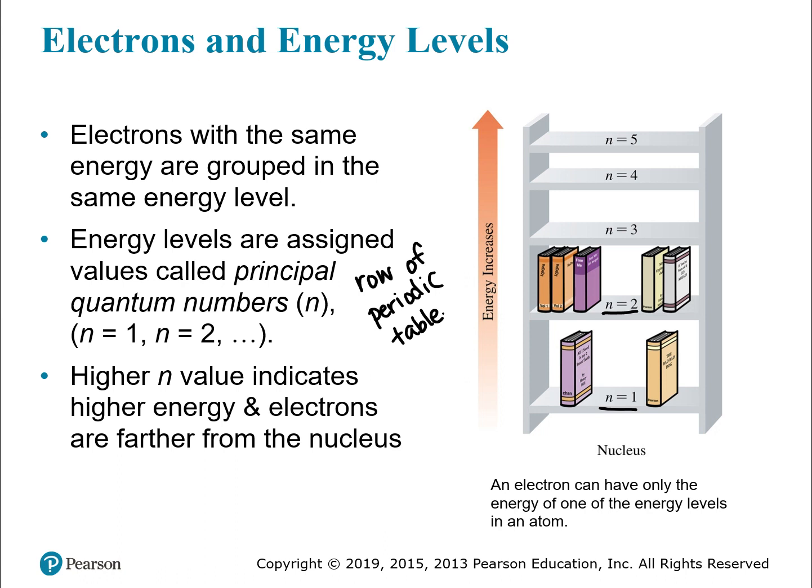The second row, which remember the rows are periods, that's n equals 2, and so on, and it goes all the way down to 7. The higher the n value, the more energy your electron is going to have to be in that level, and the farther away from the nucleus those electrons are going to be.